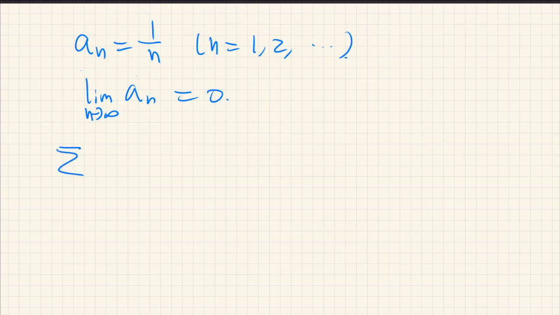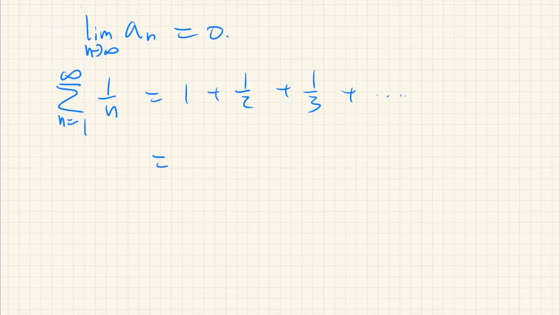However, this series, if we sum from 1, does not have a sum. Let's see this. If we take this summation, this is 1 plus 1 over 2 plus 1 over 3 plus, and so on.